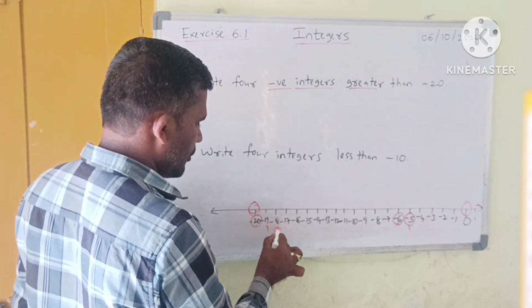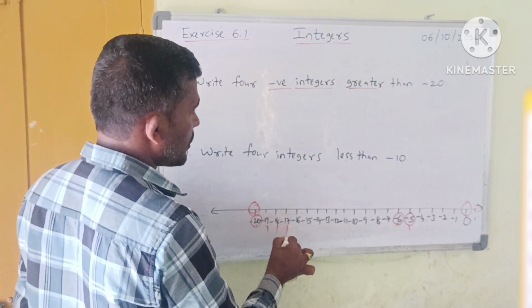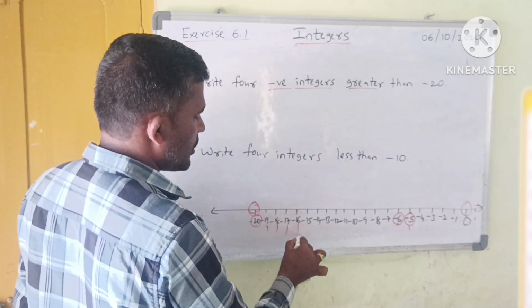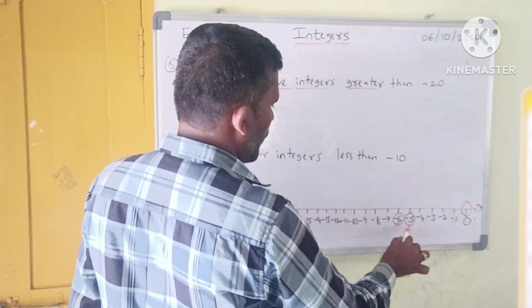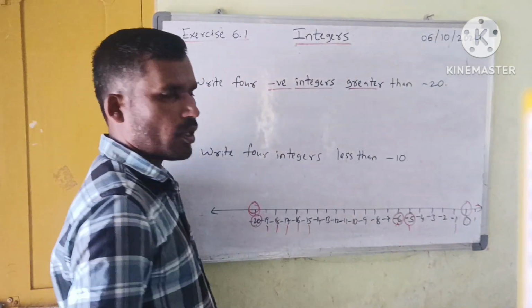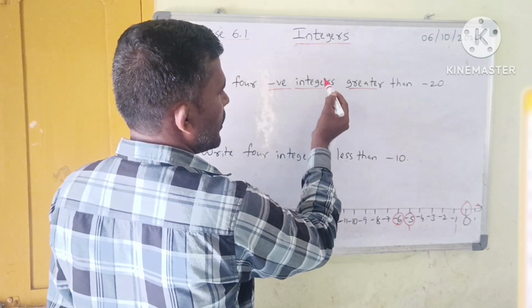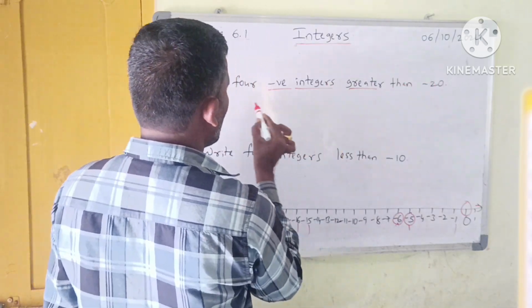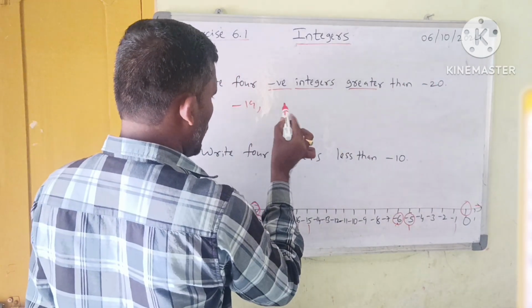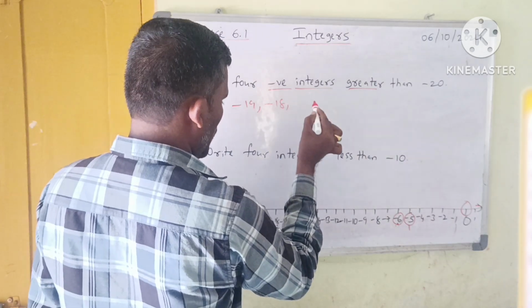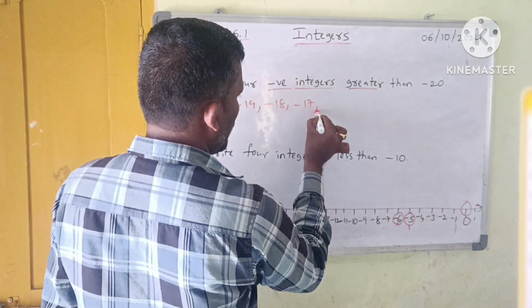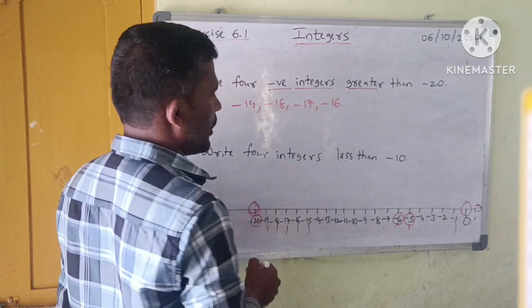So minus 19, minus 18, minus 17, minus 16, and so on up to minus 1 we can take. So 4 negative integers greater than minus 20 are minus 19, minus 18, minus 17, minus 16.